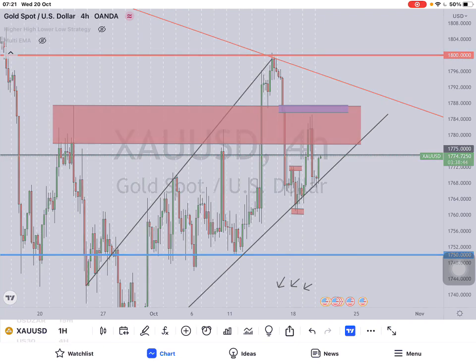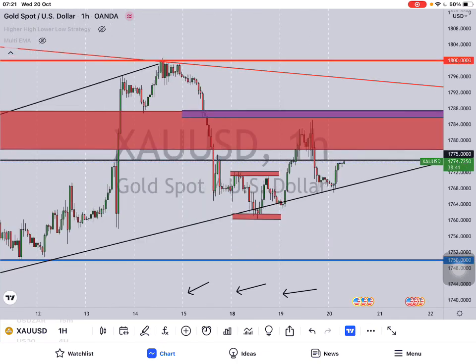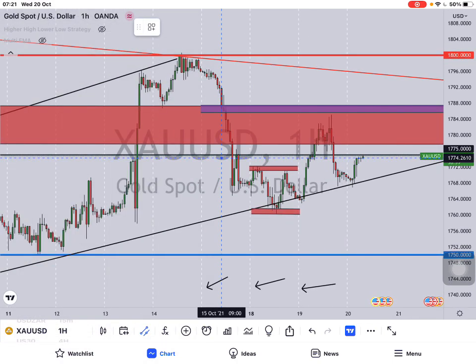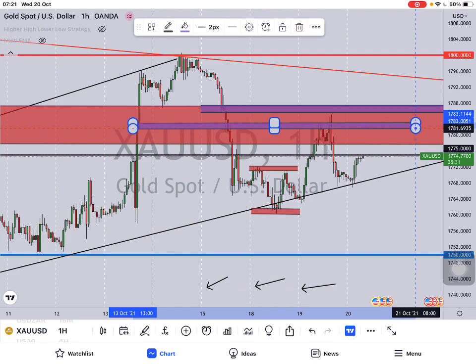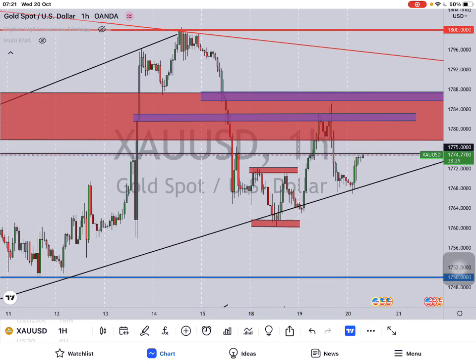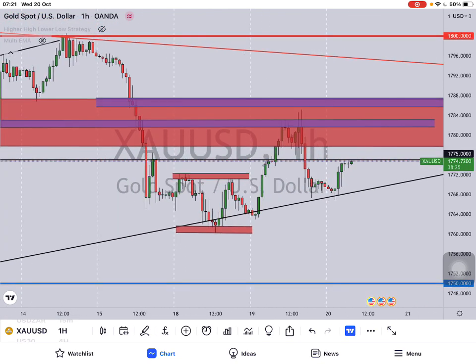As I drop down to my H1, you'll notice that we had that very same candlestick play in this region right here. So there was another hidden base right over there. As I refine it now, you'll notice that on the 1 hour chart, that is where we had major plays yesterday.